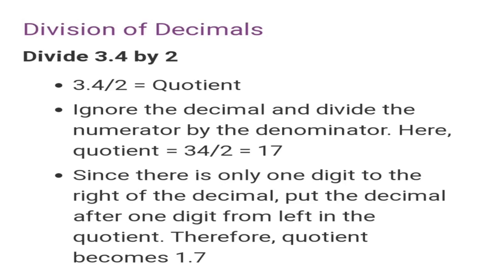As there is only one digit to the right of the decimal, we will put the decimal after one digit from the right in the quotient. Therefore, the quotient becomes 1.7, and thus our answer for 3.4 divided by 2 is 1.7.